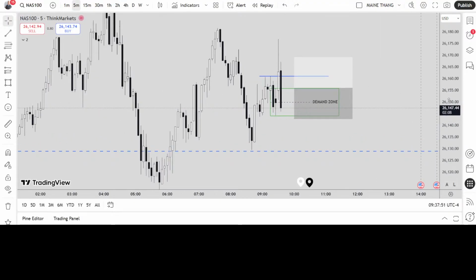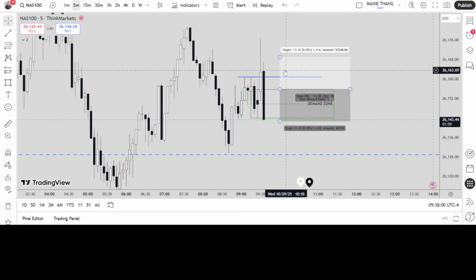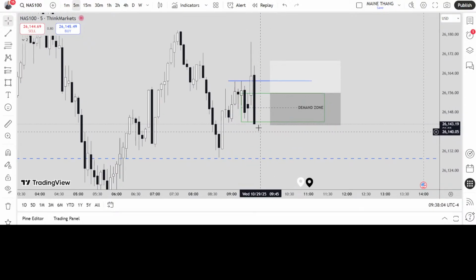Our rules: my rule for this demand zone to be disqualified, it can wick out of the zone and we still can look for trades to the upside. But if a candle closes outside of the zone, it's disqualified. It's an invalid zone.